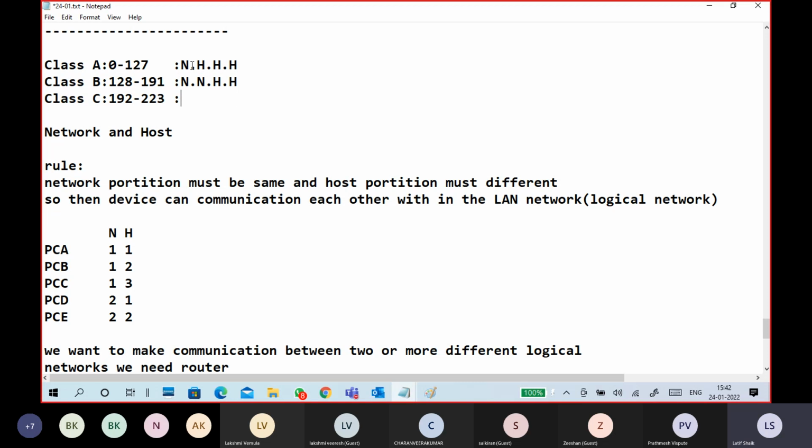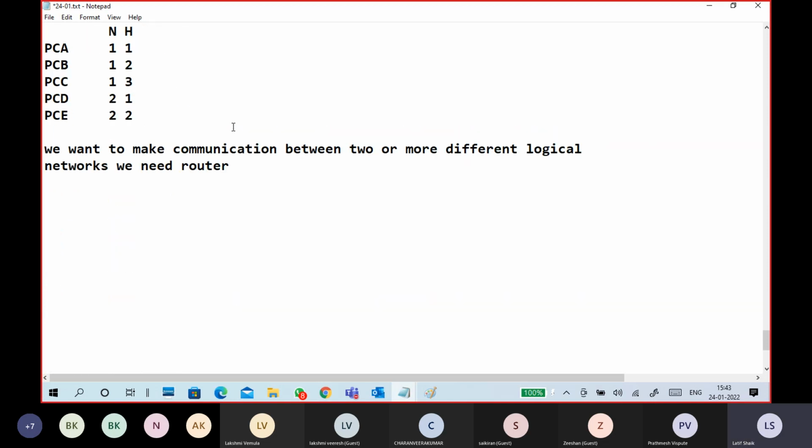Class C: the first three are the network portion, and the last one is the host portion only.